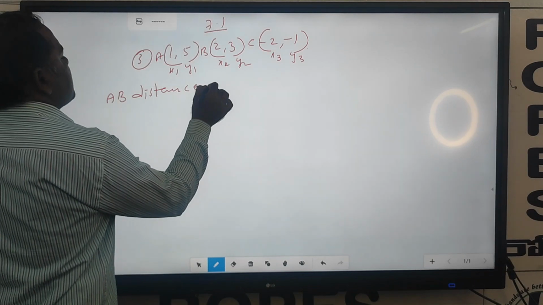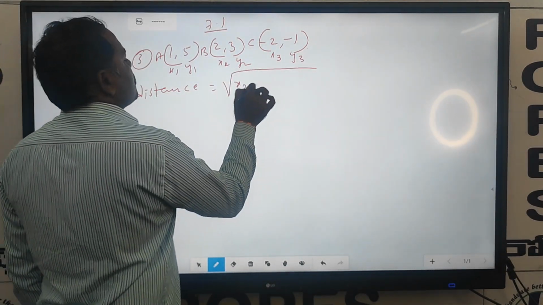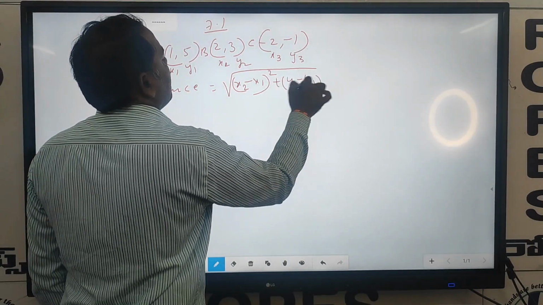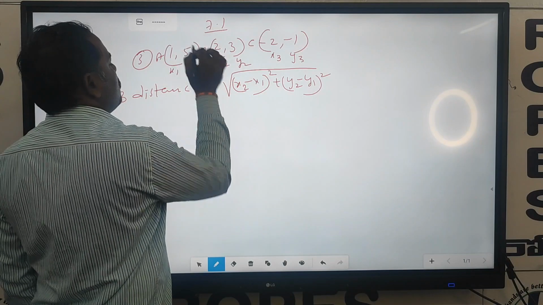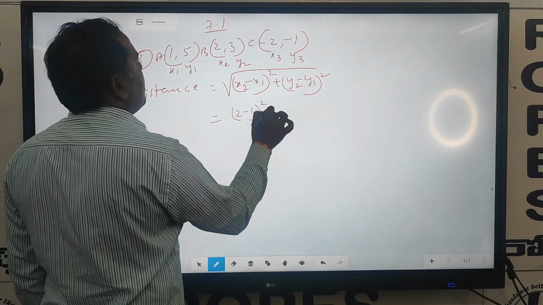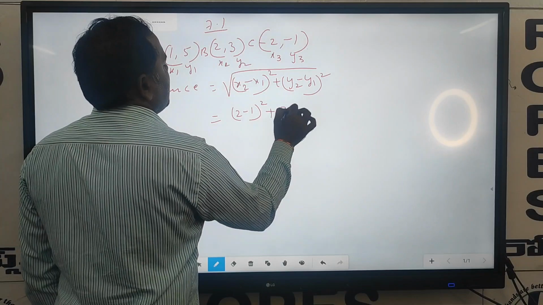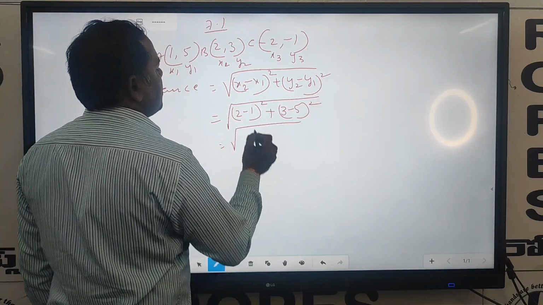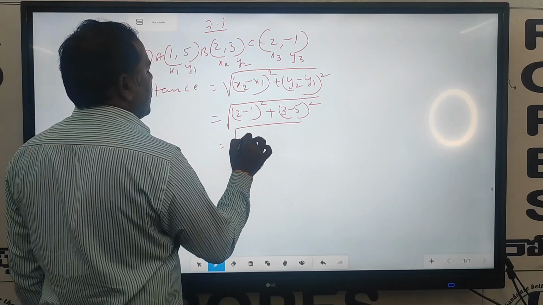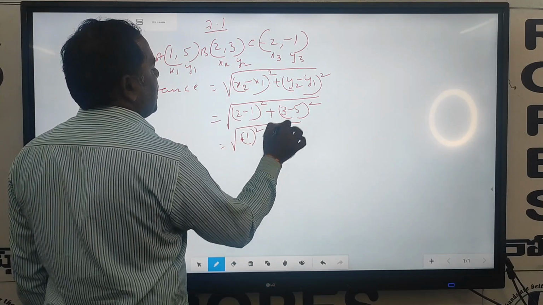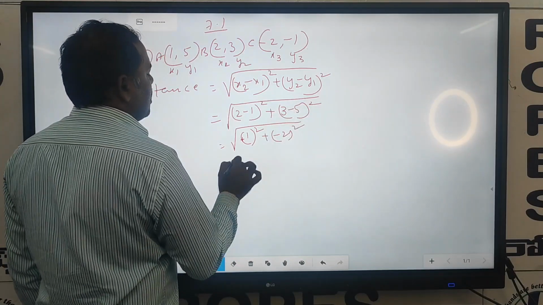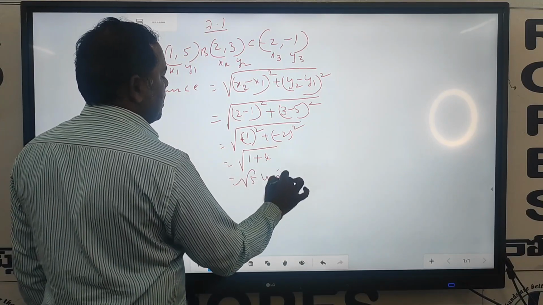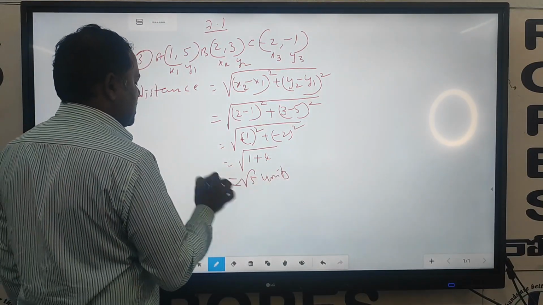AB is equal to the root of (x2 minus x1) whole square plus (y2 minus y1) whole square, that is (2 minus 1) whole square plus (3 minus 5) whole square. That is 1 square plus (minus 2) whole square, 1 plus 4, root 5 units. This is the AB distance.